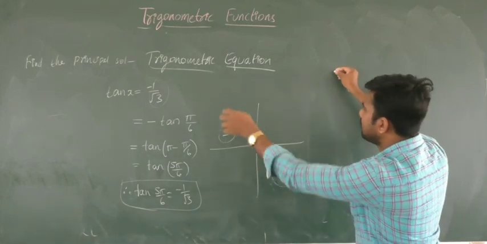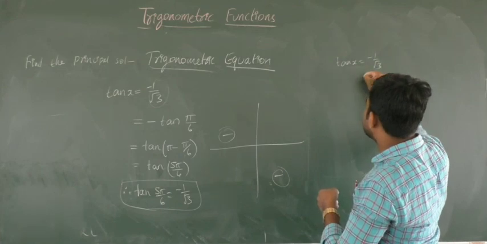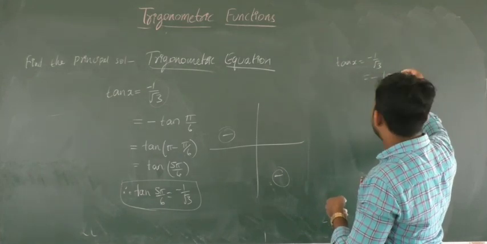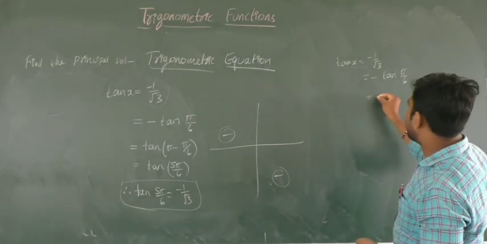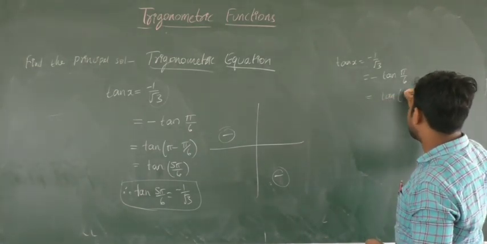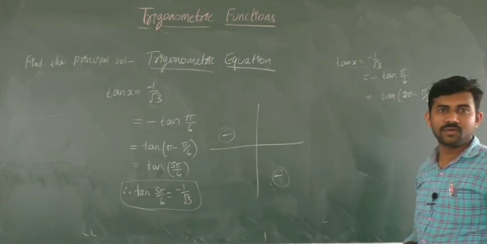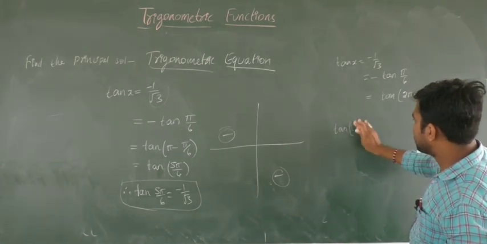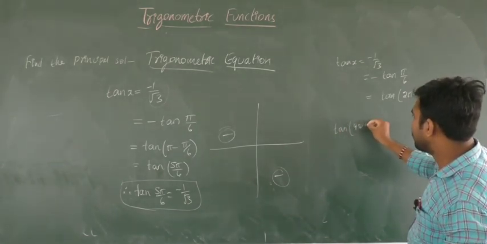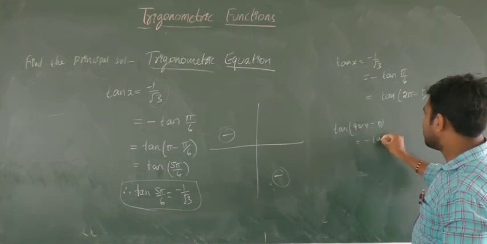So again, tan x is equal to minus 1 by root 3. This is equal to minus tan pi by 6, we have to write. In the fourth quadrant we can write this as tan 2 pi minus pi by 6. 2 pi minus pi by 6, we know that in the fourth quadrant this is 360 degree or 90 into 4 minus theta, which is nothing but minus tan theta.